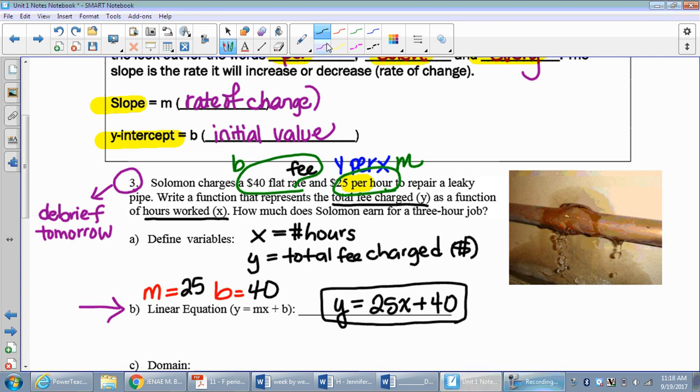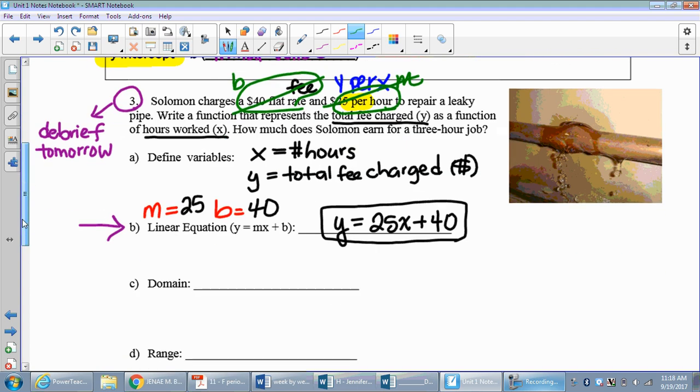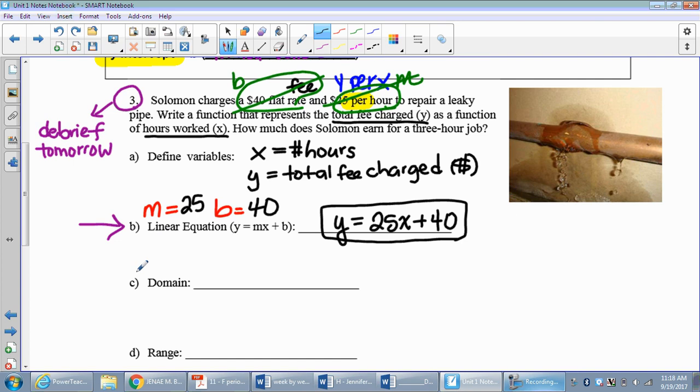We talked today how the pieces that are used to build the model have nothing to do with domain and range. So if you want to lightly cross those out so you don't pull these values by accident, you can. Above domain, I'm going to add the label number of hours. And above range, I'm going to put a $ sign because domain is all about time and range is about money.